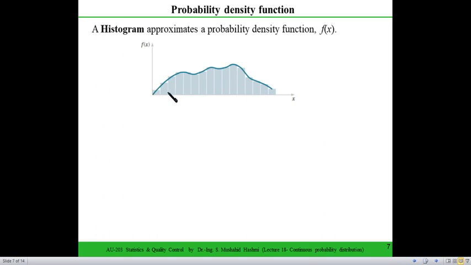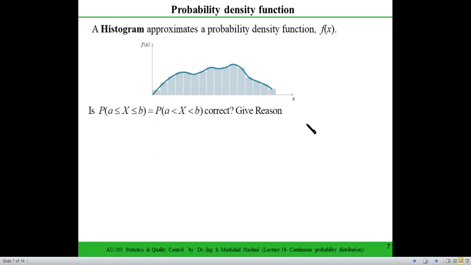If you make the width of the histogram much smaller, then this discrete formation can turn into a continuous formation, and so the area under the curve represents the probability in a given interval. If it is from minus infinity to plus infinity, then the whole area must be equal to 1 in order to be a valid PDF.